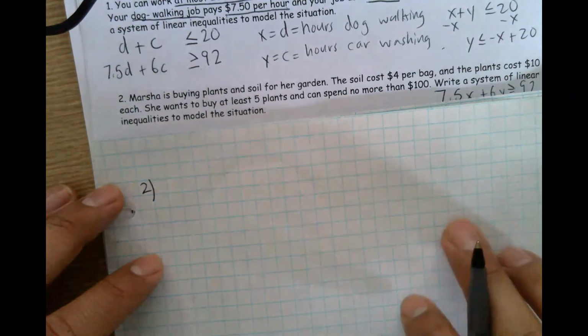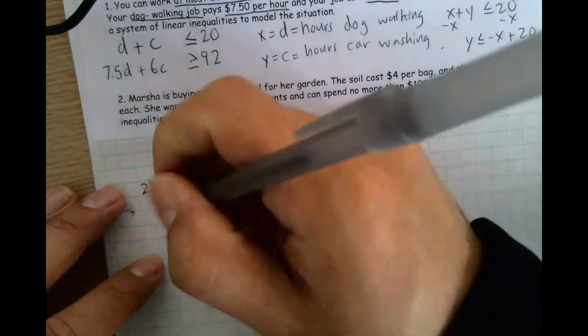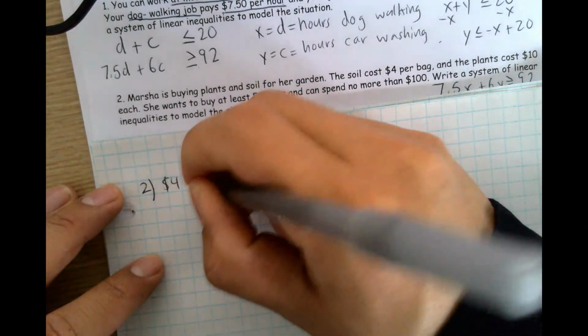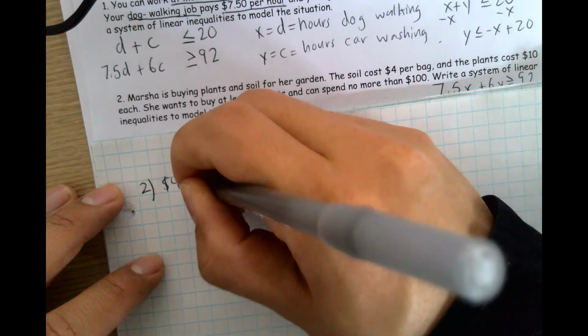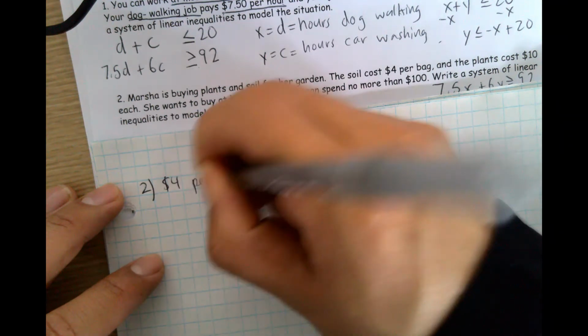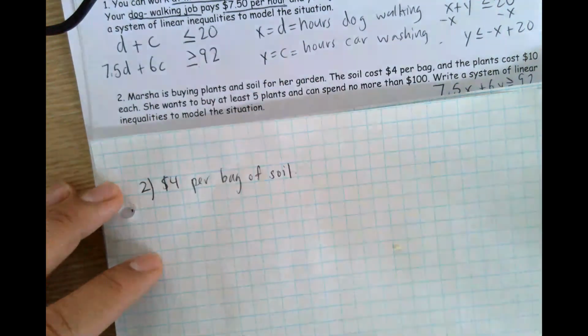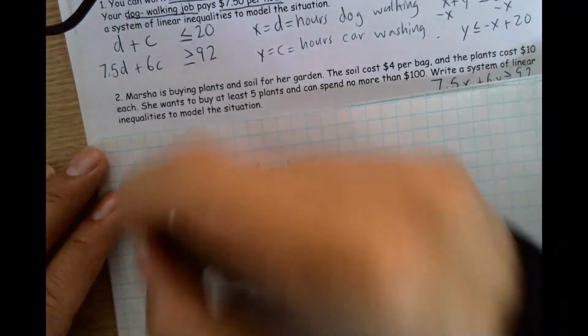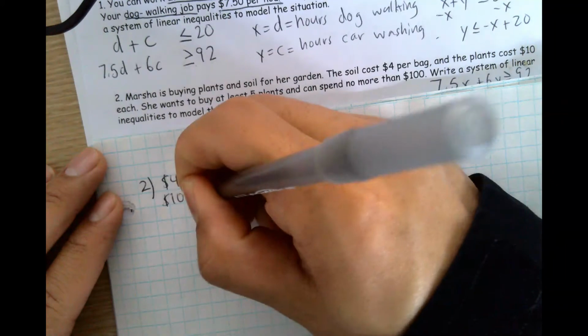It's all good. Okay, so $4 per bag of soil. Catherine, you want to go? The plants cost $10 each. All right, $10 per plant.